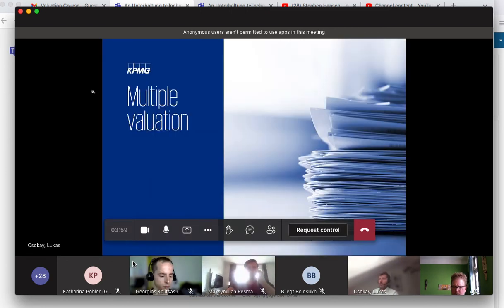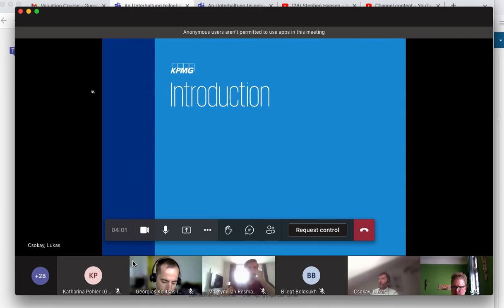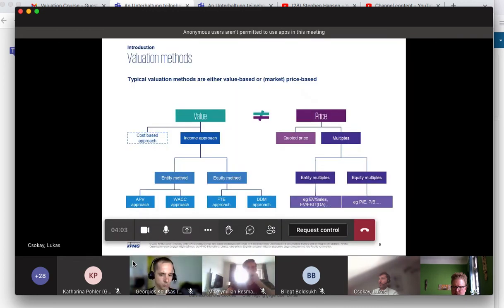Okay, then let's start with a short introduction. You see here, not all, but most of the different valuation techniques, and I think you should be familiar with most of them, especially on the left-hand side, where we have our, let's call them, value approaches.